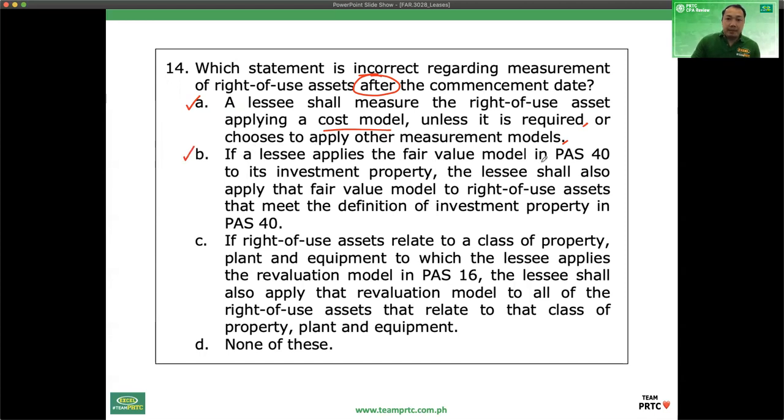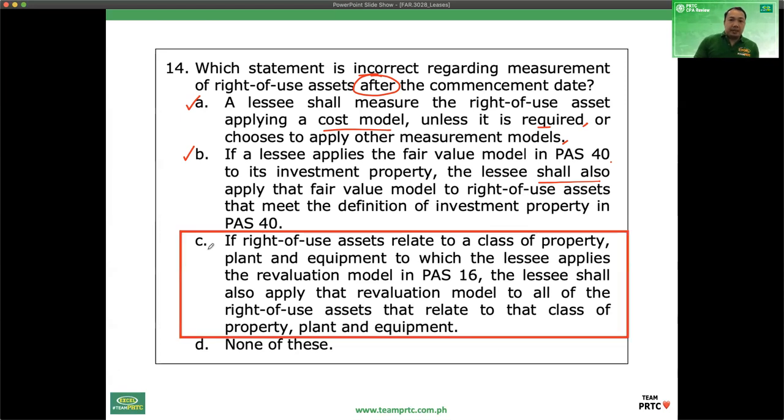If a lessee applies the fair value model in PAS 40 to its investment property, the lessee shall, so required, also apply that fair value model to right of use assets that meet the definition of investment property in PAS 40. So this is the required one. Okay? The right of use asset can be PPE, or it can be investment property. So if the right of use asset qualifies as investment property, and the model used by the entity is the fair value model, the right of use assets must also be at fair value.